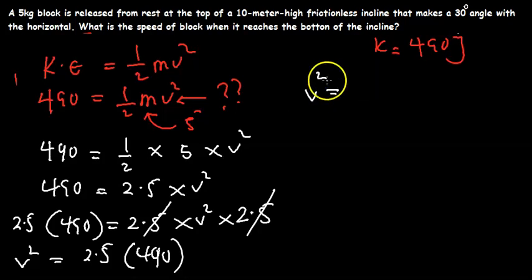So before the square root, v squared is simply going to be 490 divided by 2.5. Then you take the square root.